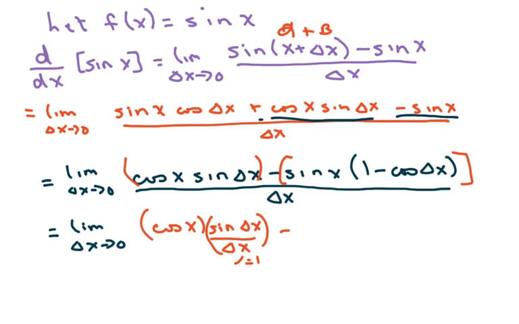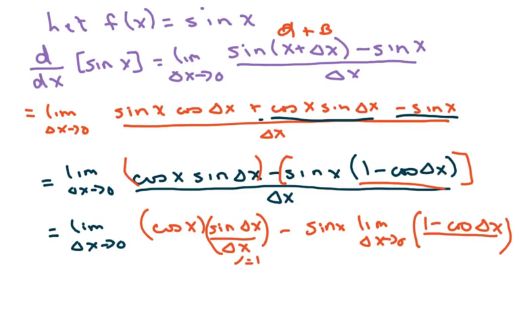And then minus sine of x. I'm pulling him out, and then I'm going to do the limit as delta x approaches 0 of this guy. So it's going to be 1 minus cosine of delta x all over delta x. Okay, and the reason I did that, again, is because we know this equals 1, and I know this equals 0.